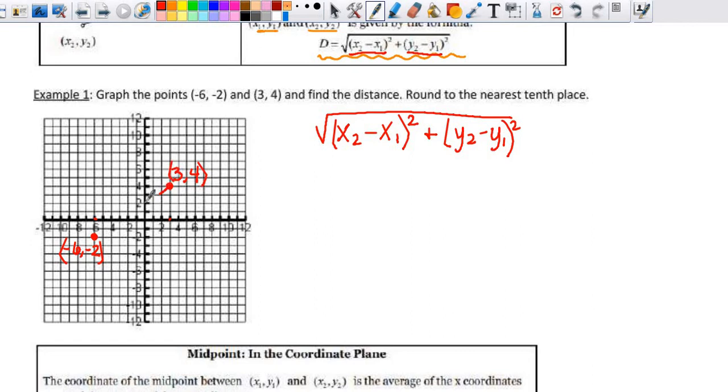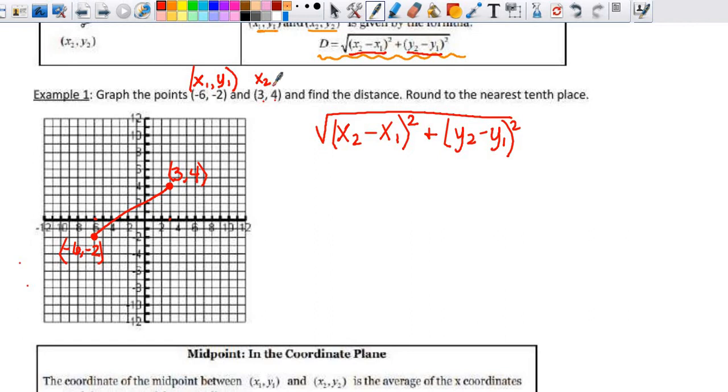And let's go ahead and connect those with a line. All right, so we're going to find the distance of that, or the length of that line, or the distance between those 2 points. So I can label these points as x1 and y1 because coordinates are x, comma, y. Now this coordinate here is our second one.